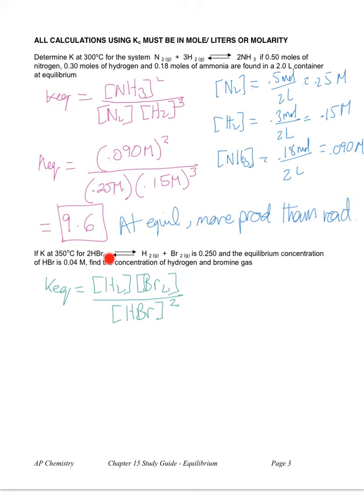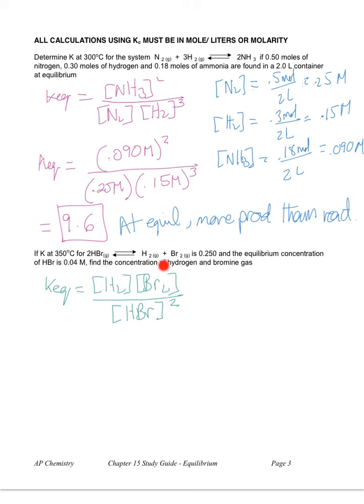So these concentrations are always going to be the same because they're a 1-to-1 ratio and they're being formed. Initially you have 0 products, and as this decomposes, for every H2, you're forming one Br2 as well. So it's a 1-to-1 ratio, so you know that these two are equal to each other.